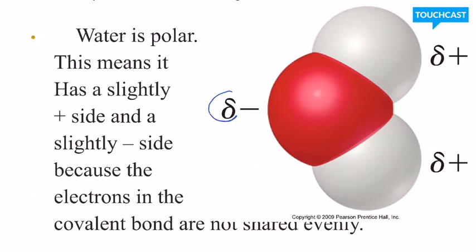Whenever you see a lowercase delta, that means that it is partially or not fully. So this is the partially negative side of water, and these ends over here by the hydrogen are partially positive.